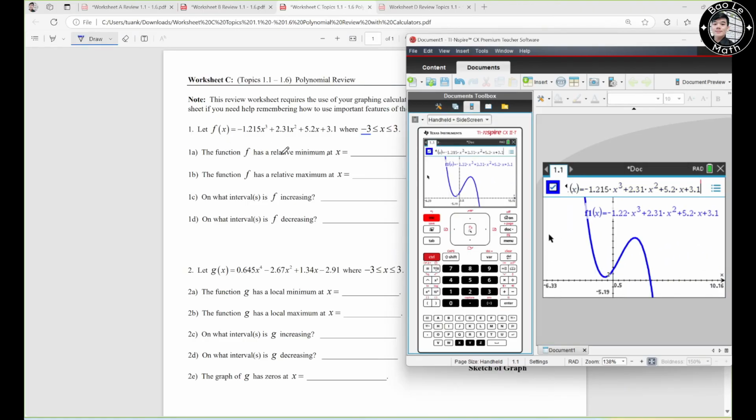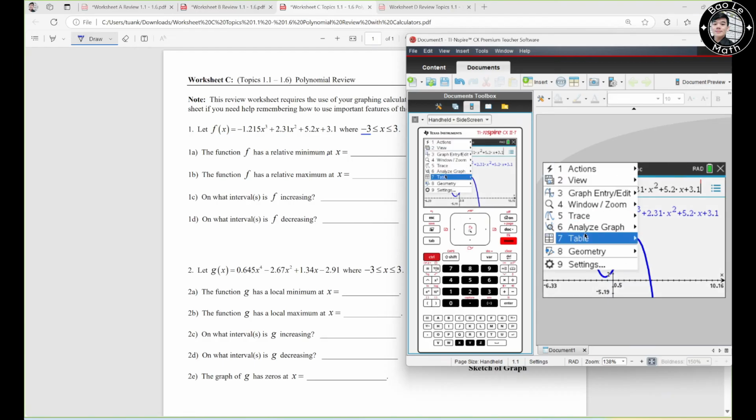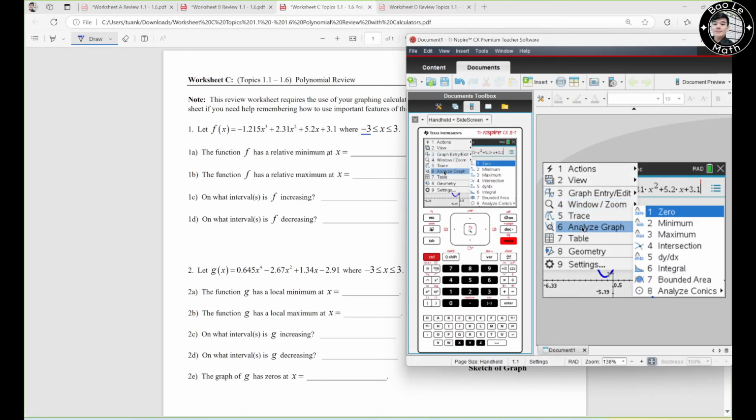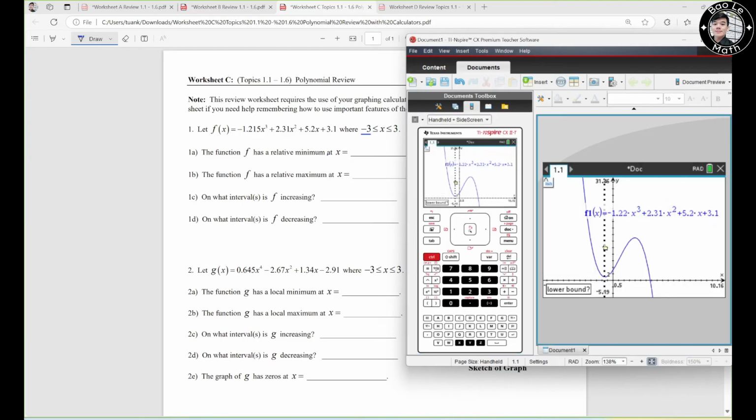The function f has a relative minimum. So we have two relative minimums. The first one is going to be right here, and the second one is going to be right here, right? So relative minimum right here. We just hit menu, analyze graph, and minimum right here. Okay, we move the line to the left of the minimum, hit enter.